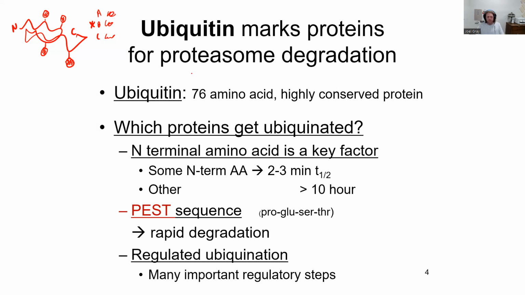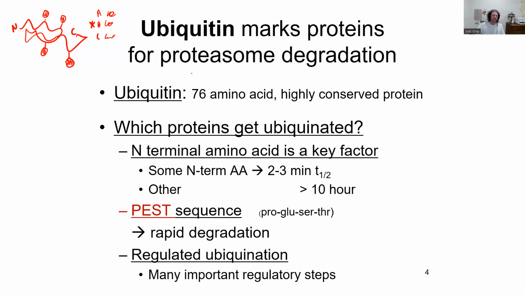Now, ubiquitination is a very tightly regulated process because the proteins that are involved in ubiquitination are not necessarily going to be active all the time, because if you have a protein that is going to get degraded, you want it to happen at a certain time. You don't want it to happen at all times during the cell's life cycle.